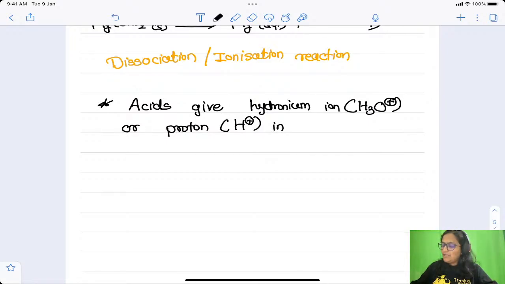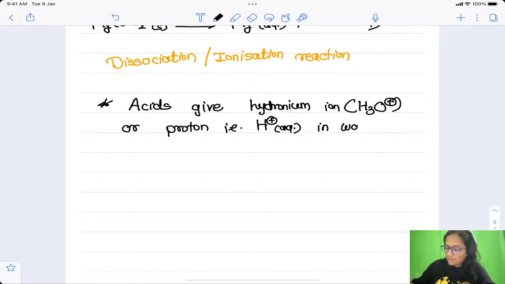But when you write proton, you need to write aqueous inside the bracket. You can either write H3O+ or H+ (aq). Only H+ will not work, in water.